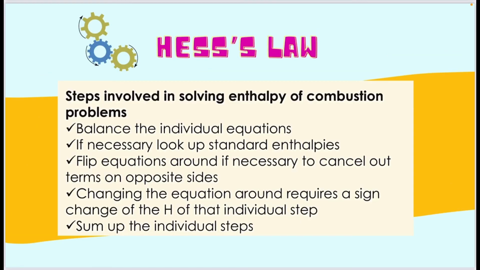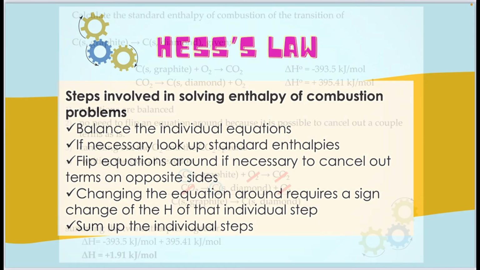Hess's law steps involved in solving enthalpy of combustion problems: balance the individual equations, if necessary look up standard enthalpies, flip equations around if necessary to cancel out terms on opposite sides. Changing the equation around requires a sign change of the enthalpy of that individual step. Sum up the individual steps.